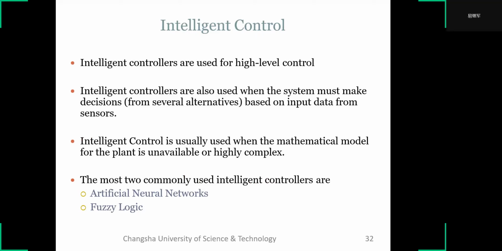Intelligent control. Intelligent controllers are used for high-level control. Intelligent controllers are also used when the systems must make decisions based on input data from sensors.